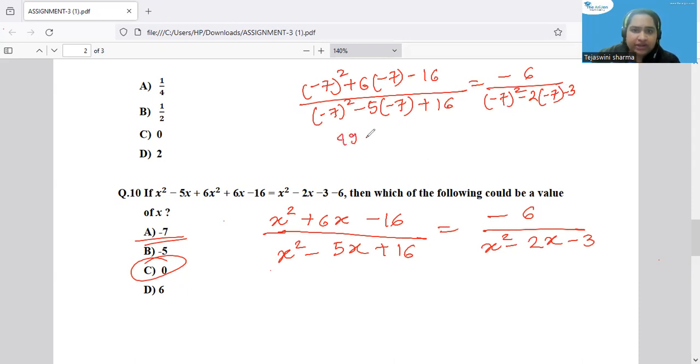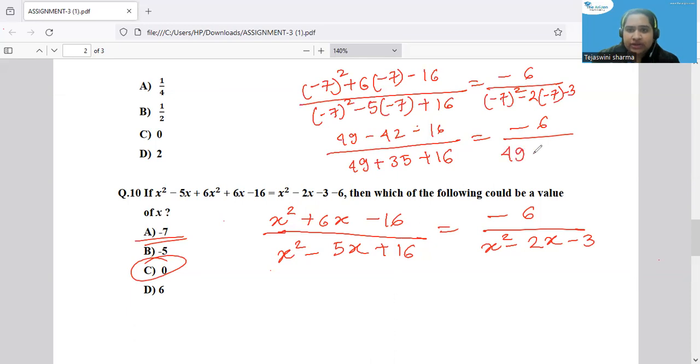So it will be 49, then 42, then negative 16, and then in the denominator 49 plus 35 plus 6. And what will be at this side? 49 plus 14 minus 3.